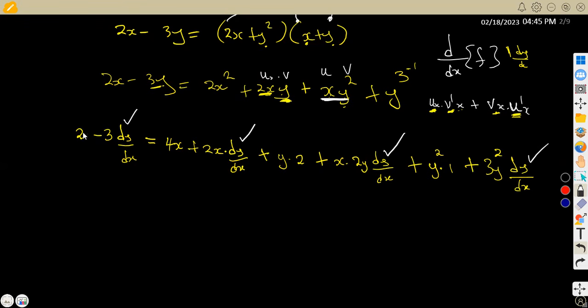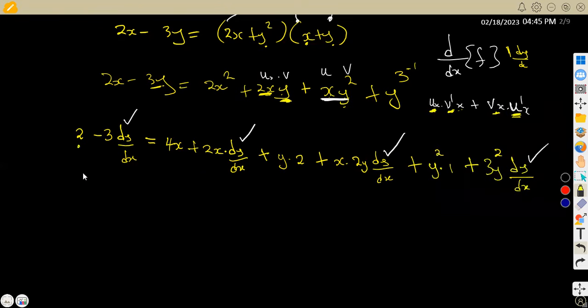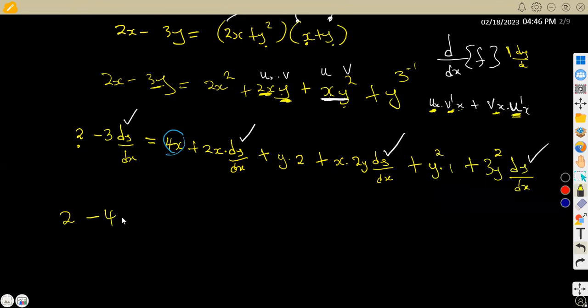So we can transpose the negative 3 dy dx to the right-hand side. That means on the left-hand side, we are going to remain with 2. We transpose other terms without dy dx, that is, we are referring to this 4x, all right? We are referring to 4. If we transpose to the left-hand side, it is going to be negative 4x.